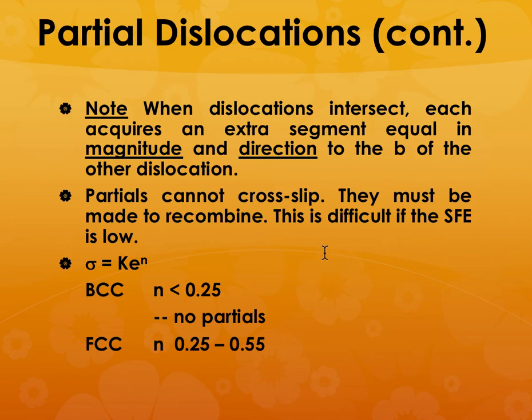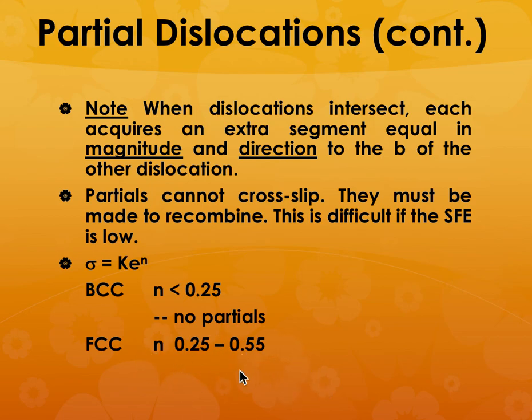For example, it is said that you can derive the stress required to move these dislocations to be equal to a constant times e to the power n, where n is a value anywhere from 0 to 1.